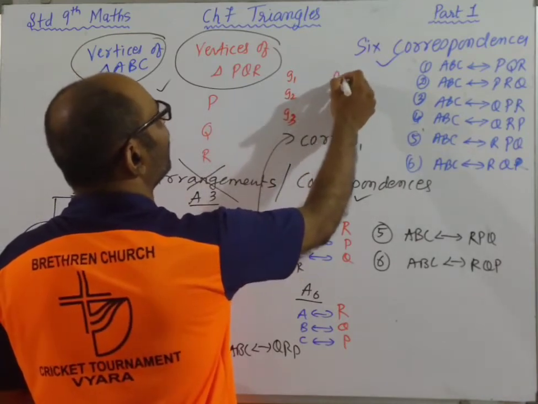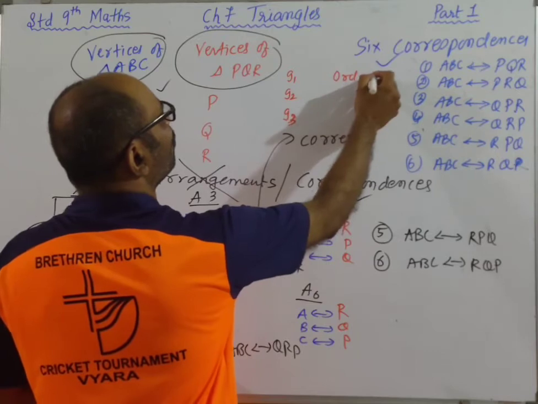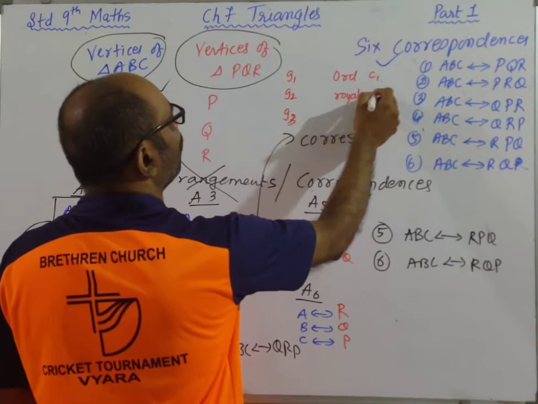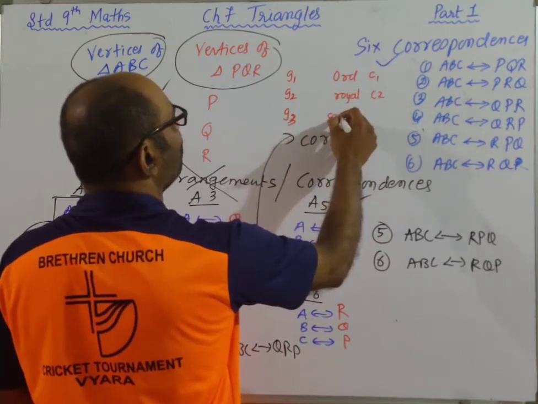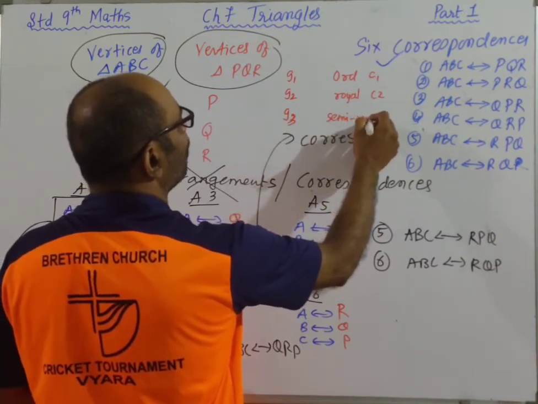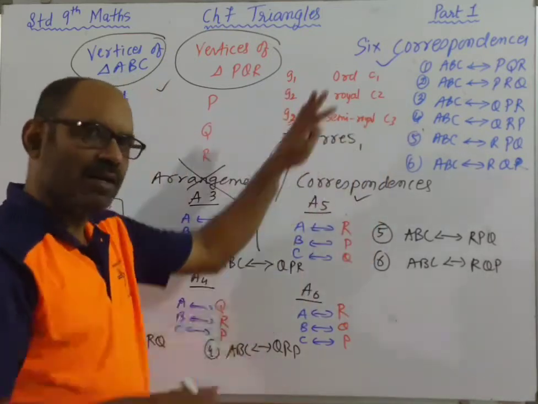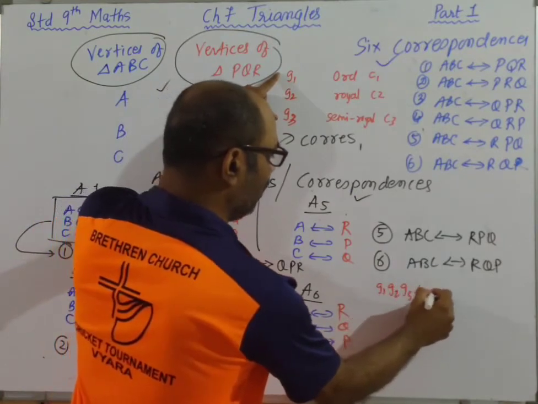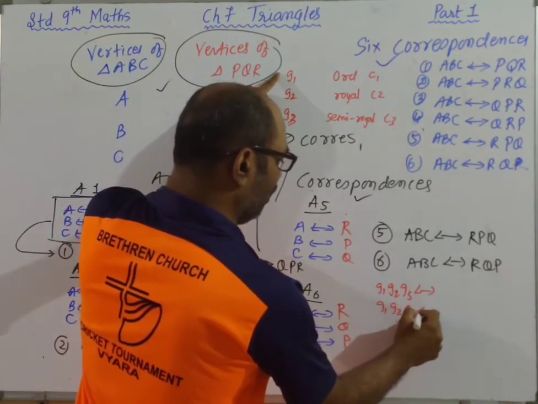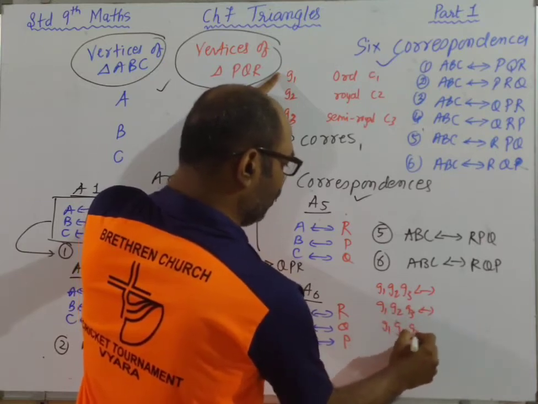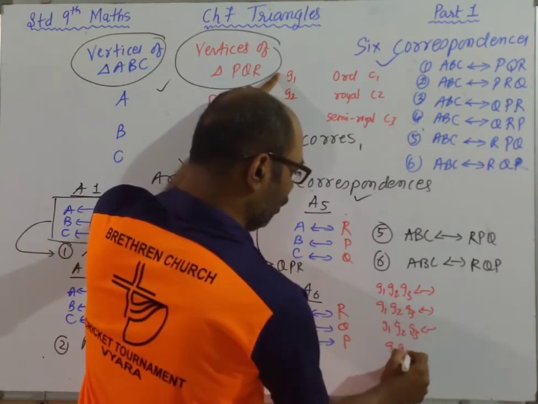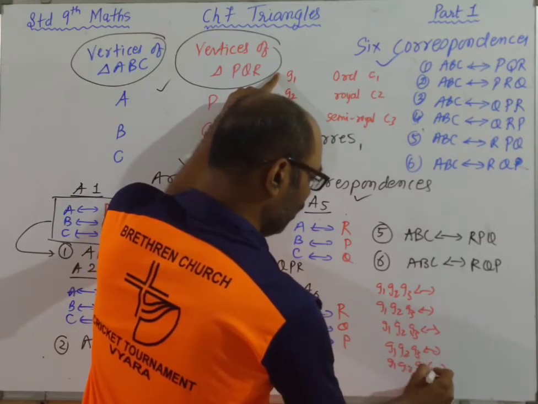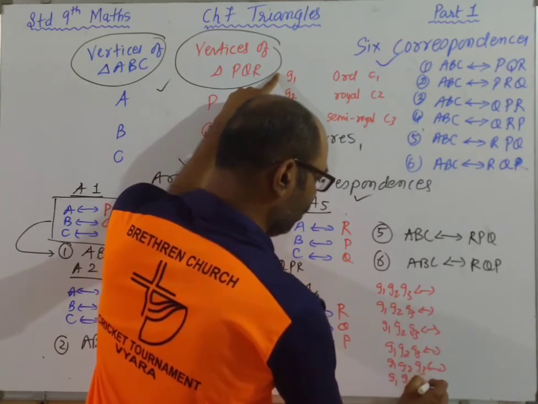Chair 1 शायद ऑर्डिनरी था, Chair 2 रॉयल था, और ये सेमी रॉयल था. जो भी हो, इसके भी 6 कॉरेस्पॉन्डेंसेस पॉसिबल है. G1, G2, G3 and G1, G2, G3.